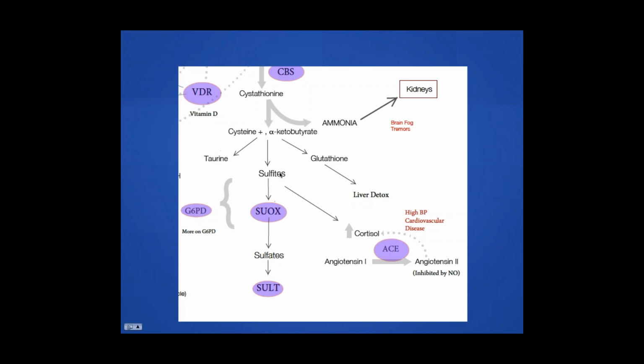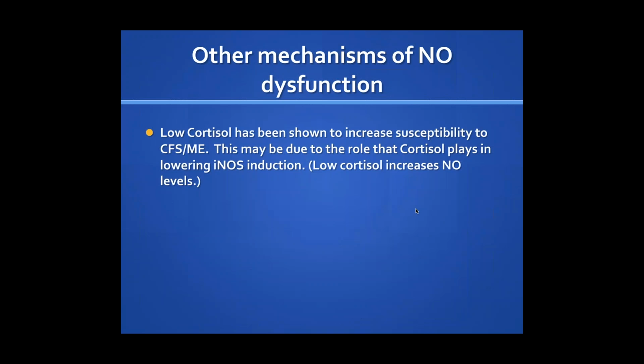But then if you look down here, it causes the buildup of sulfites, and it goes down this pathway to increase the production of angiotensin 1 to angiotensin 2. It's inhibited by nitric oxide, but it also inhibits nitric oxide, so it's a negative feedback loop. And this leads to high blood pressure and cardiovascular disease.